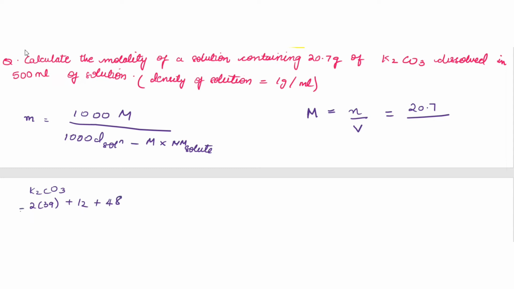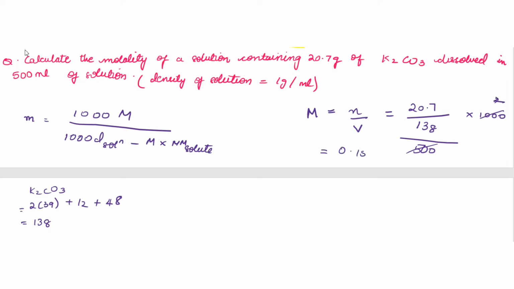So 20.7 by 138 divided by the volume. Volume they have given 500 ml of solution. Since it's in ml, remember to multiply 1000 in the numerator. So solving, what do we get? 0.15 into 2, which is 0.3 as the answer.